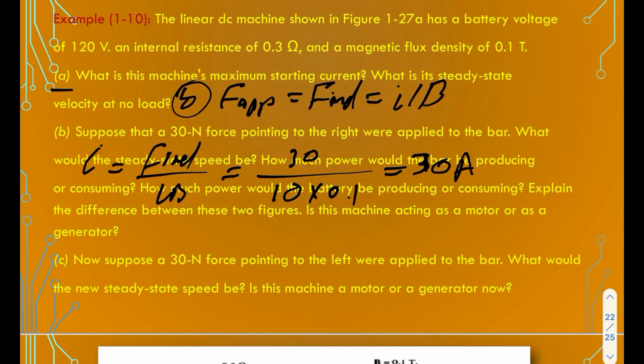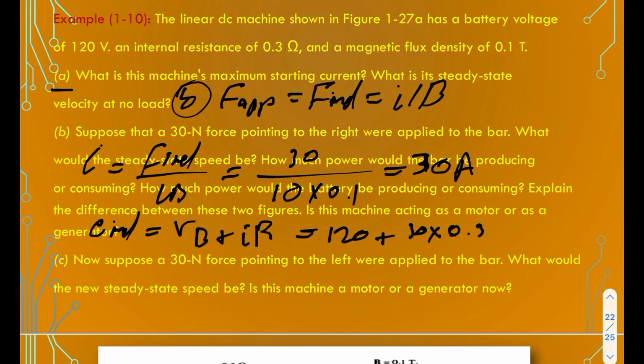Flowing up through the bar. So the induced voltage on the bar must be E induced equal to V_B plus IR. By Kirchhoff's voltage law, it is 120 plus 30 multiplied by 0.3.